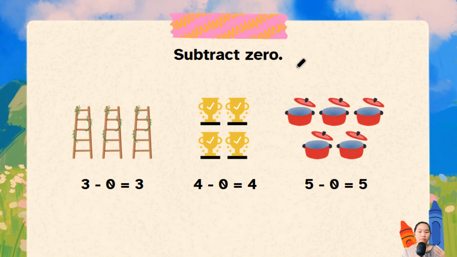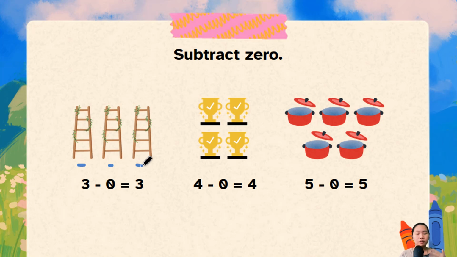Now, even though I've said that subtraction is kind of like the reverse of addition, when it comes to adding and subtracting 0, they are basically the same, okay? So I have some examples here. I have 3 letters, 1, 2, 3, and I minus 0.